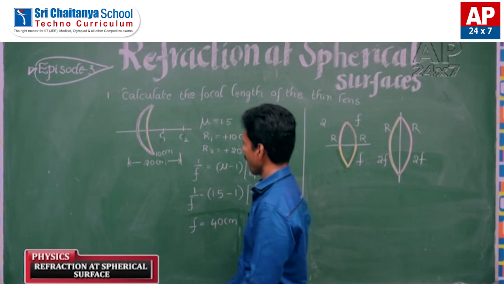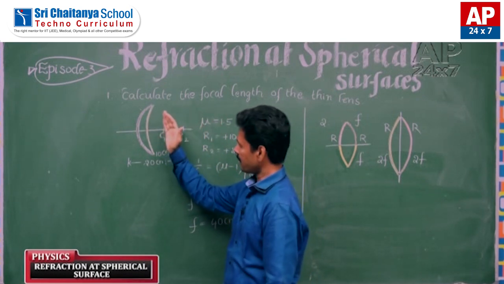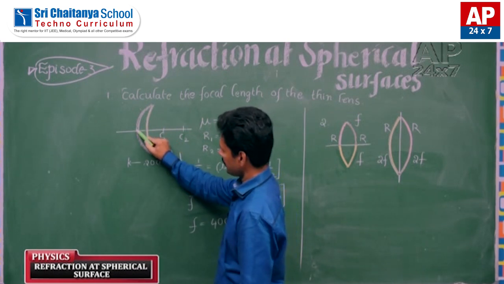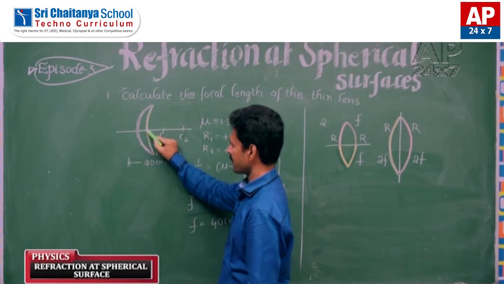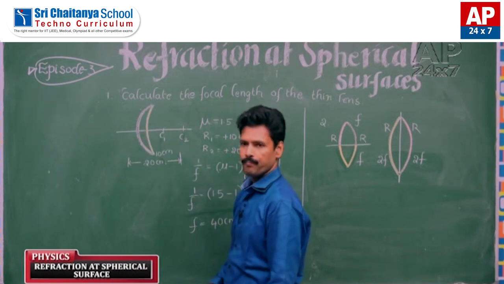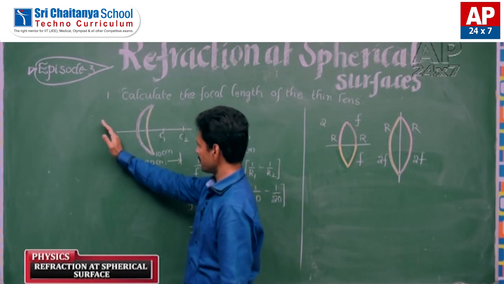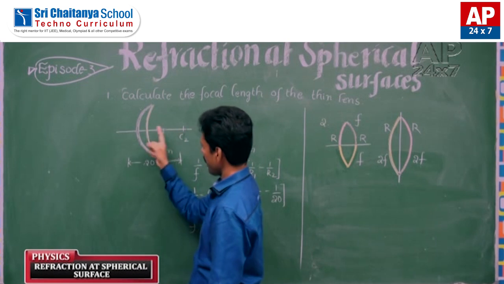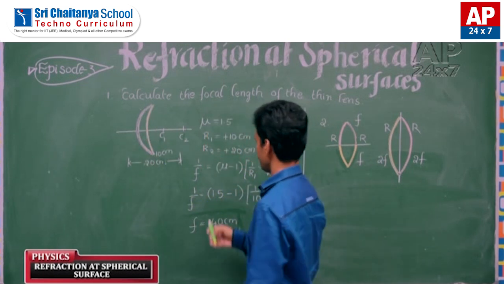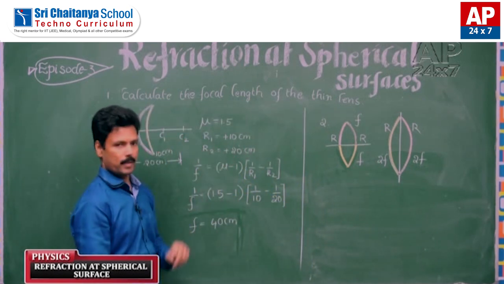Let us see how. If light rays come from this side, see what happens now. This is the origin, because the thickness is very small, so this separation is almost negligible. Therefore, this is positive x. In such a case, R1 and R2 both will be negative. Then we take R1 minus 10, R2 minus 20.